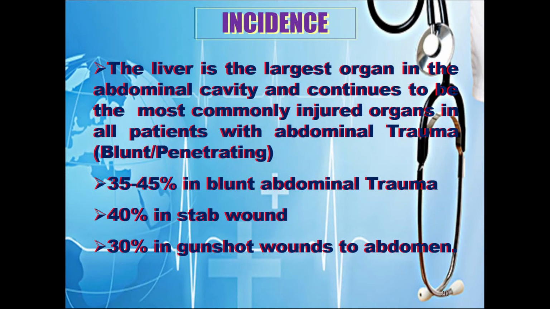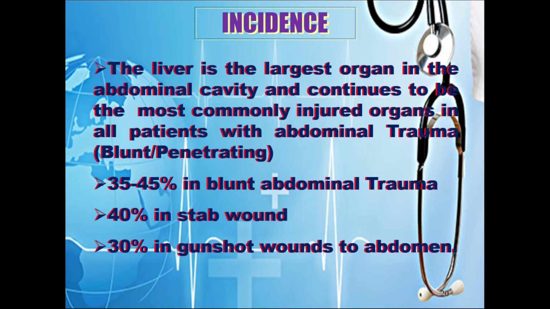The incidence. The liver is the largest parenchymal organ in the abdominal cavity and continues to be the most commonly injured organ in all patients with abdominal trauma, blunt or penetrating.